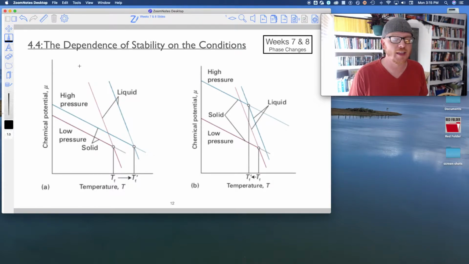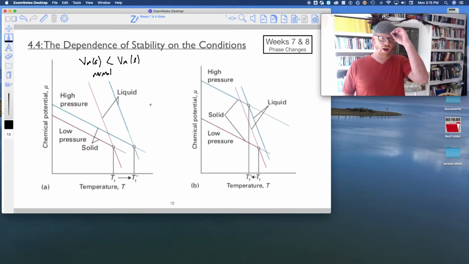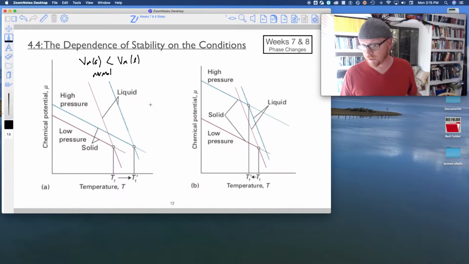In this case on the left, the molar volume of the solid is less than the molar volume of the liquid. So this is normal, most things, where the solid is more dense than the liquid. In other words, the molar volume of the solid takes up less space, so for the same amount of material, it's more dense.